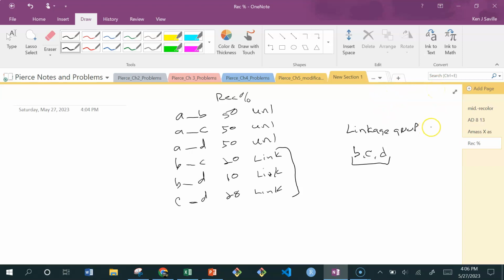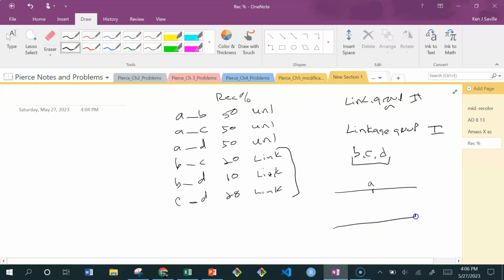So we'll call this one linkage group 1. For some reason, they give it Roman numerals. And linkage group 2 is just A by itself. Then if we want to make a map showing the relationship of all these genes, A is kind of by itself. And B, C, and D we can link together.